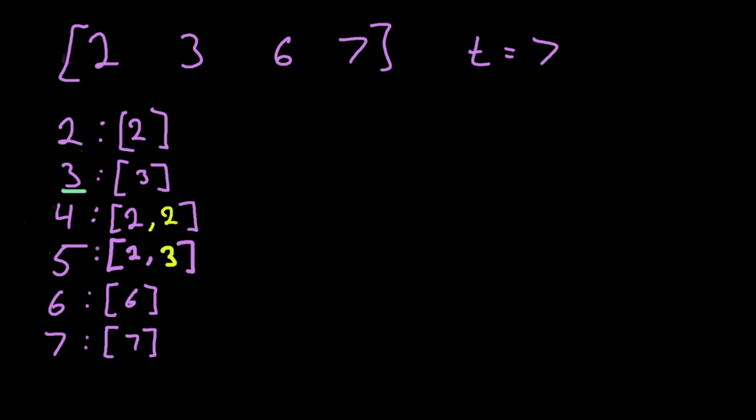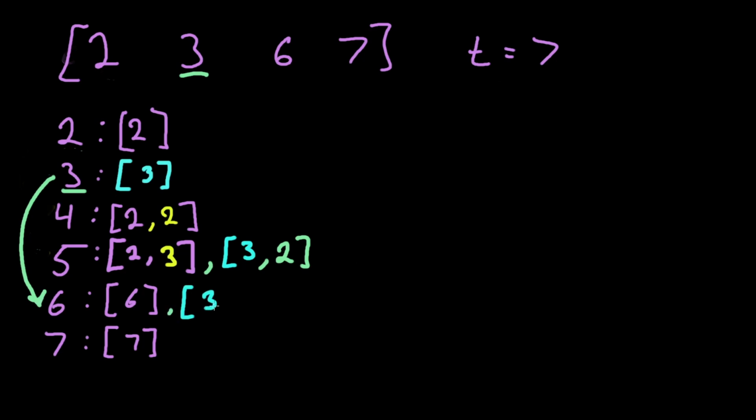So this 3. So before I do this one, let's just change the color of it real quick. Let's say 3, and 2 plus 3 is going to give us this 5 value. So what we're going to say is 3, so this value here, and 2, this value here, to get another one of our answers. Then we move on to 3. We say 3 plus 3 equals 6. So we're going to get this 3 from here, and we're going to get this 3 from here.